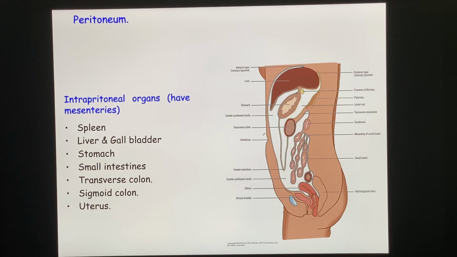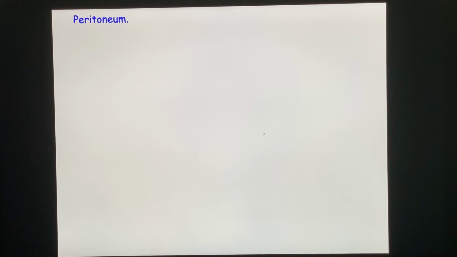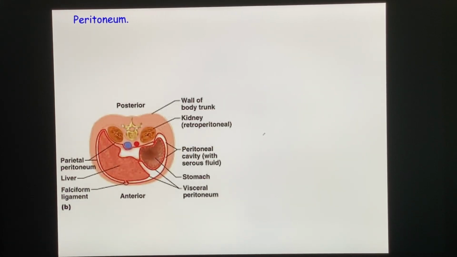Again, peritoneum, I'm not going to talk much about it. I will just tell you what visceral peritoneum is and what parietal peritoneum is. Now if this is the abdominal wall, the posterior abdominal wall, here are the kidneys, and this is the vertebral column, the body of the vertebrae here.